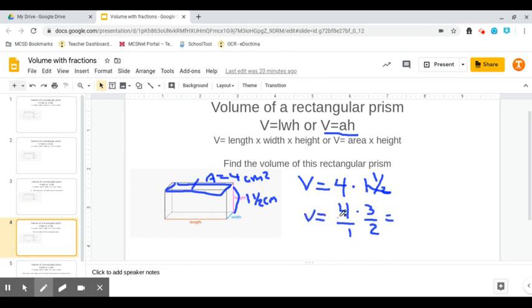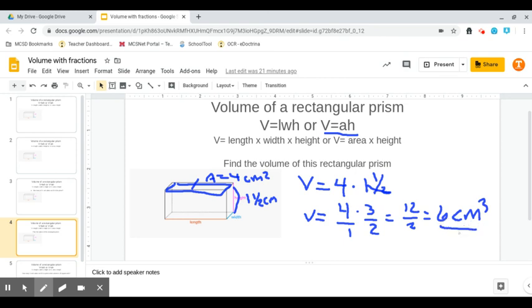So my volume is 4 over 1, which is 4, times 1 1/2, which is 3 over 2. So I get 12 over 2. 12 over 2 is 12 divided by 2, which is 6. So I have 6 centimeters cubed for my final answer for this one.